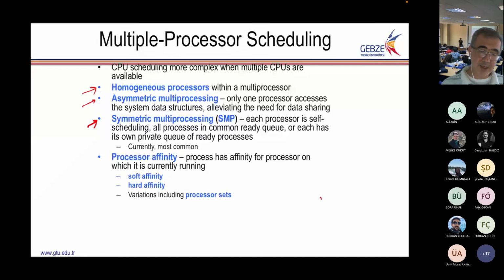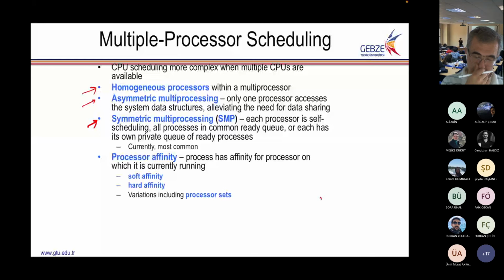In the symmetric way, each of them has the same set of priorities. In the asymmetric one, there is a master-slave relationship. We call it asymmetric multiprocessing when you have a master-slave approach. If we don't, we call it symmetric multiprocessing.